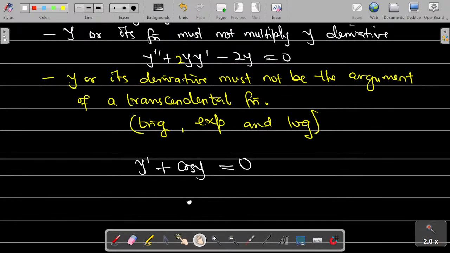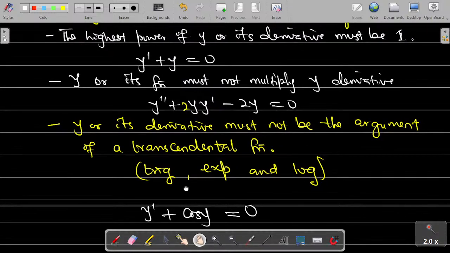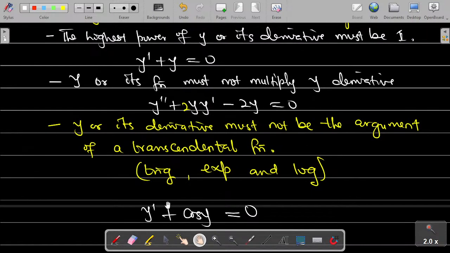I think these three conditions are enough to determine the linearity of a differential equation. However, in the case of the power of y or its derivative, if it is a fraction, then you need to clear that fraction before you are able to determine the degree.